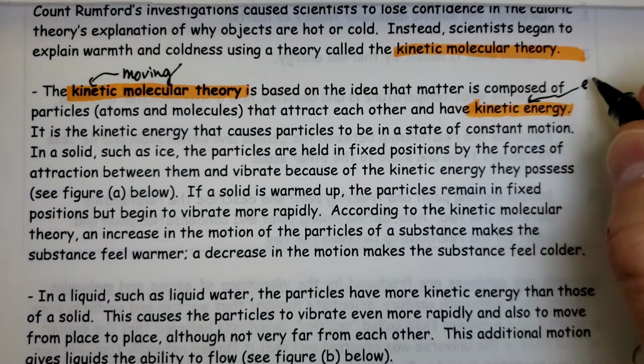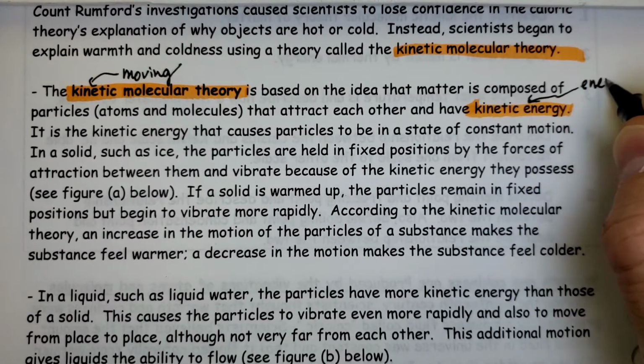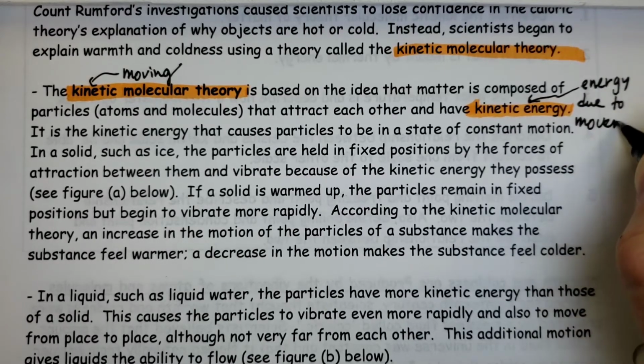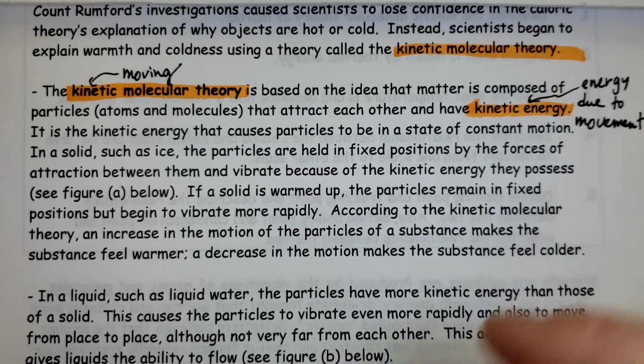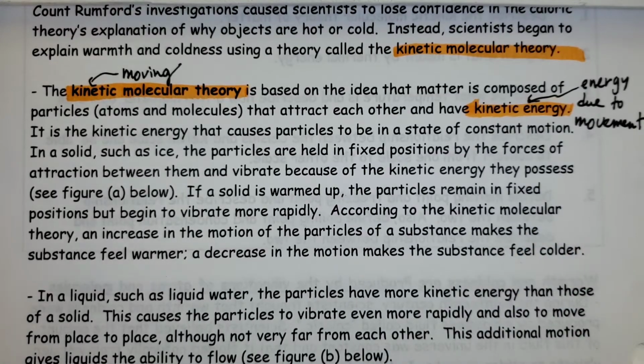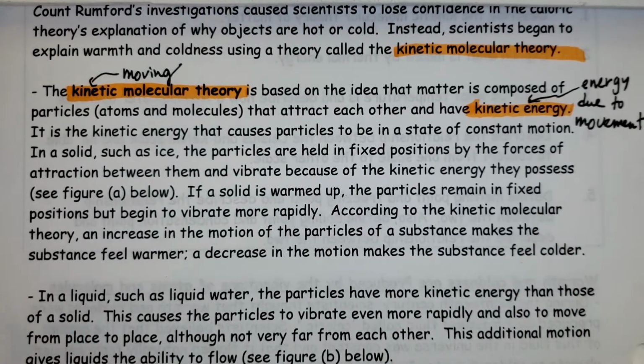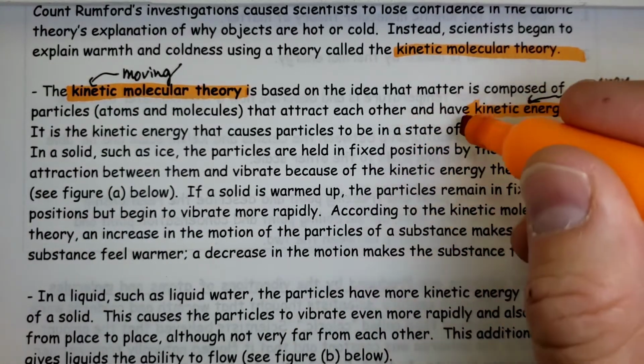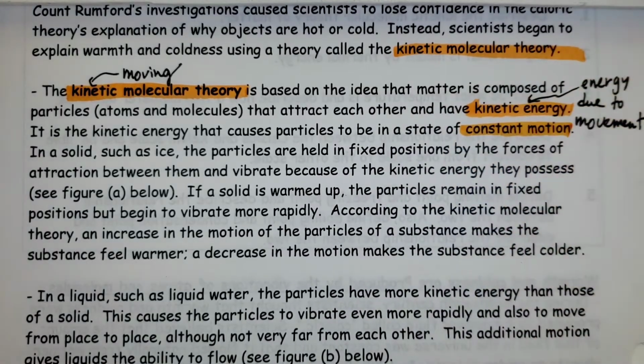So energy due to movement. It is the kinetic energy that causes particles to be in a state of constant motion. So the moving energy implies that atoms and molecules are constantly moving.